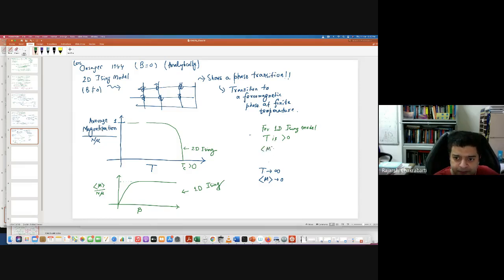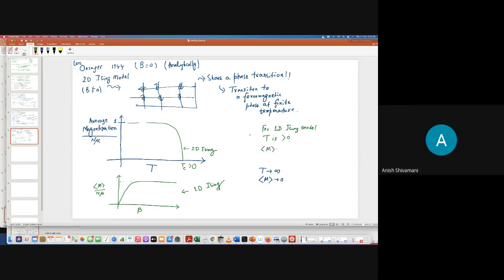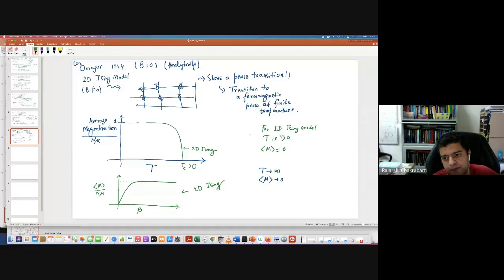Tell me. Less than 1. And basically 0 for very large temperature. So at large temperature it is 0, it will go like this, and it only becomes 1 when your temperature becomes 0.